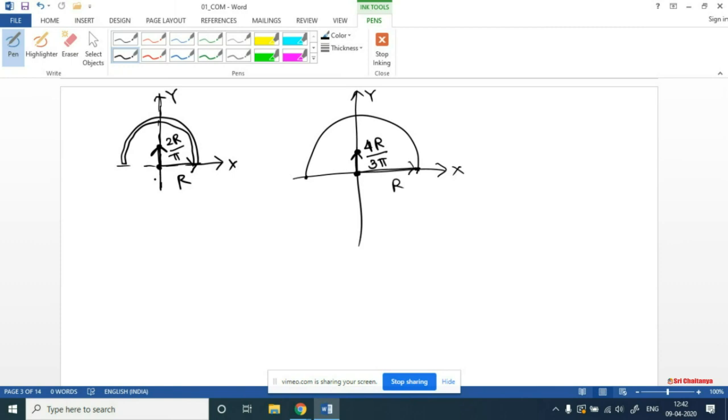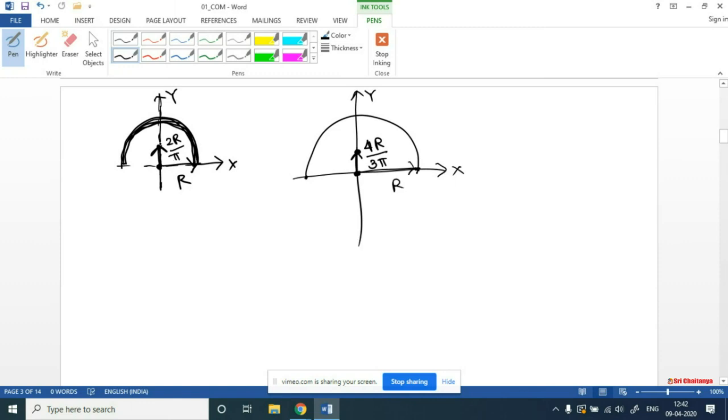So what insight can you have in this? See here, in the case of the ring, all the mass is distributed as far from the center as it can be.